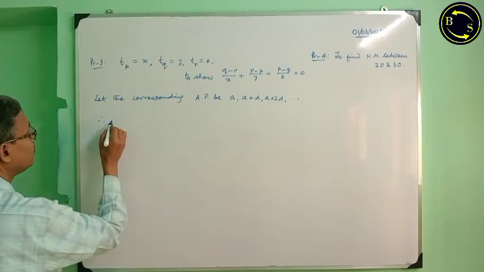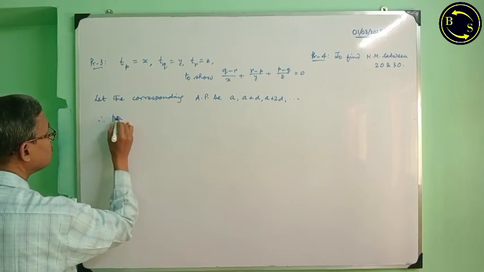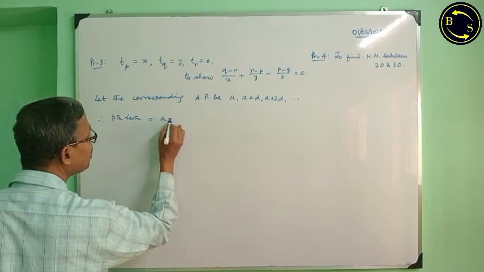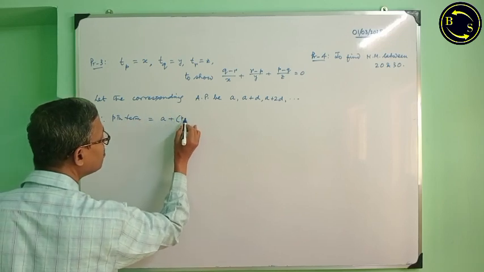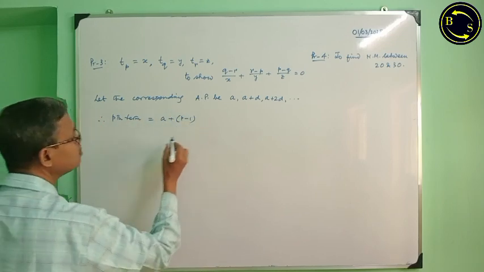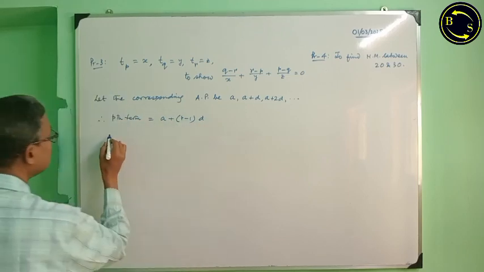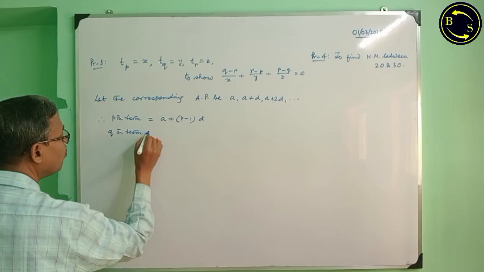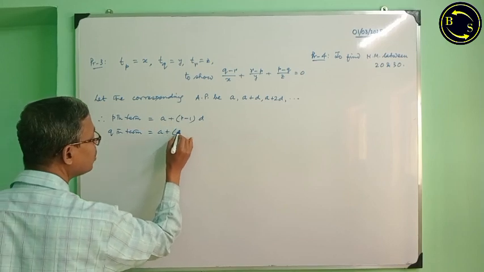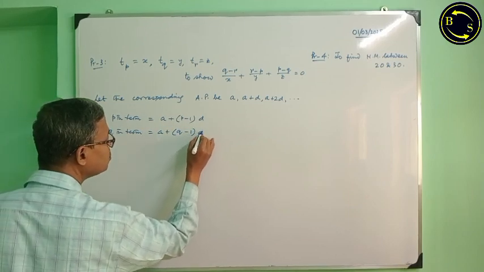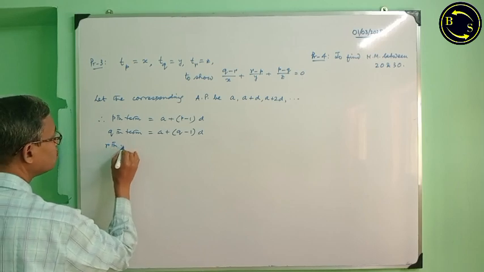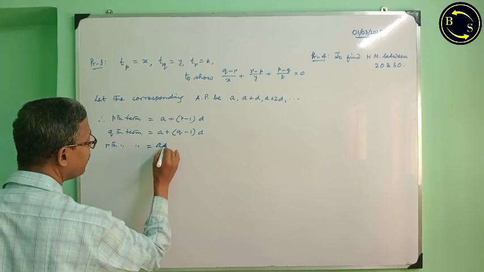Therefore, pth term is equal to a plus (p minus 1) d, qth term a plus (q minus 1) d, rth term a plus (r minus 1) d.